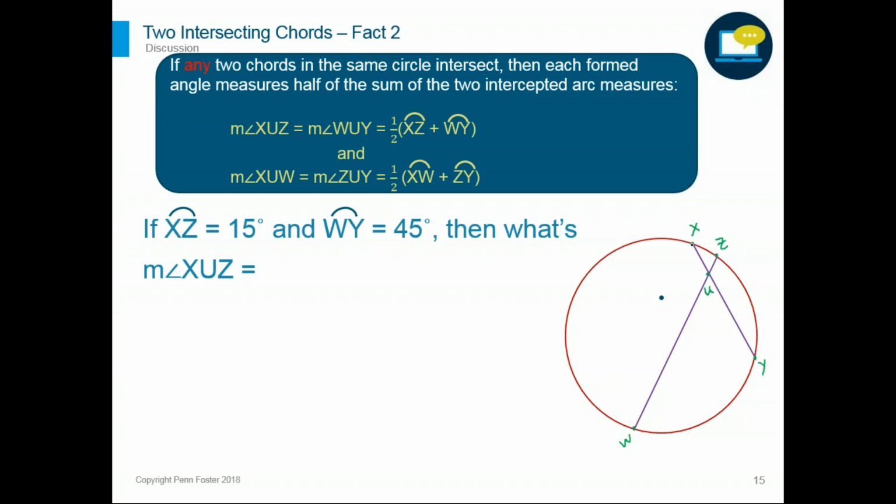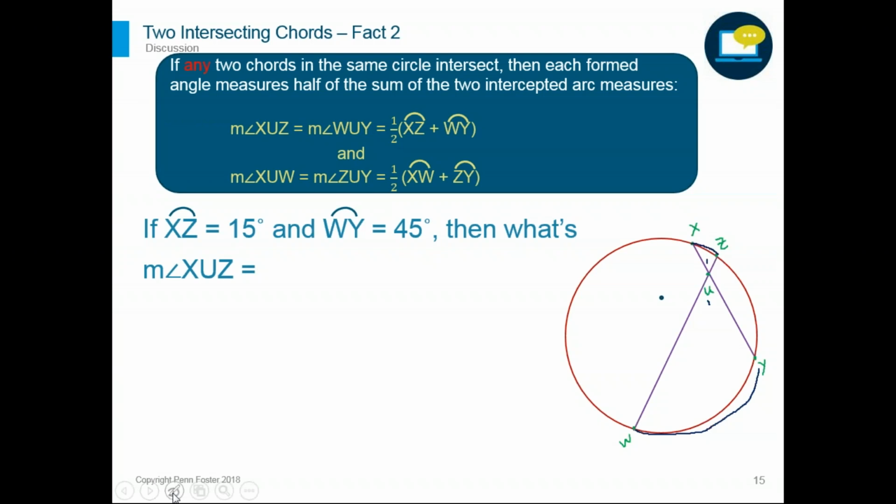they intercept. So if I know the measure of arc XZ and arc WY, I can add them, take half of that, and that will give me the angle measure of this angle, which is equal to the measure of this angle. Remember, they are vertical angles. Vertical angles have the same measure. That's why the two angles have the same measure.